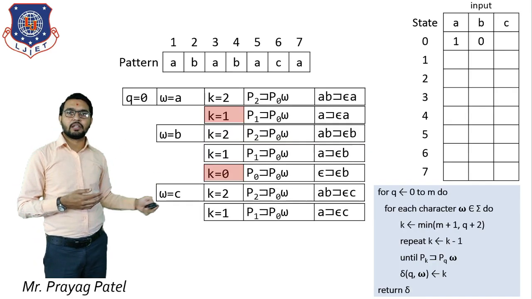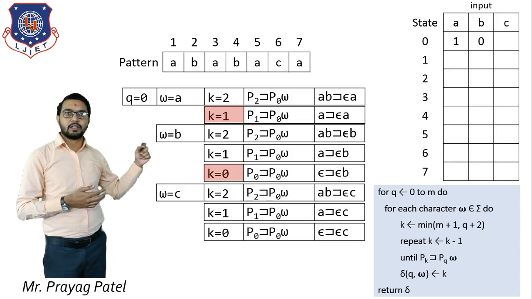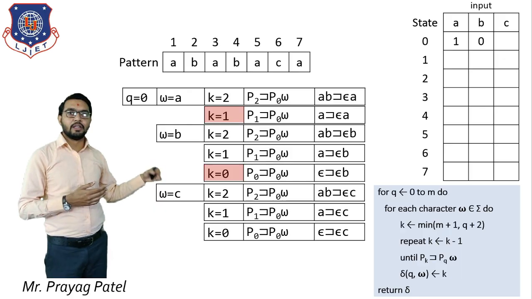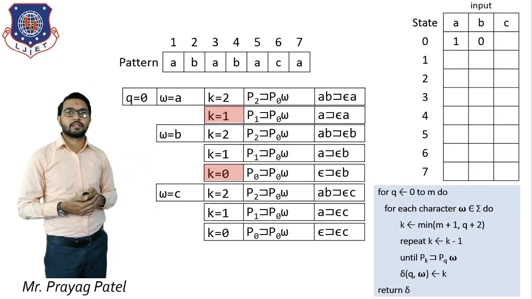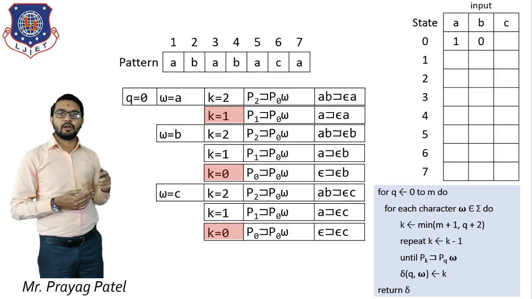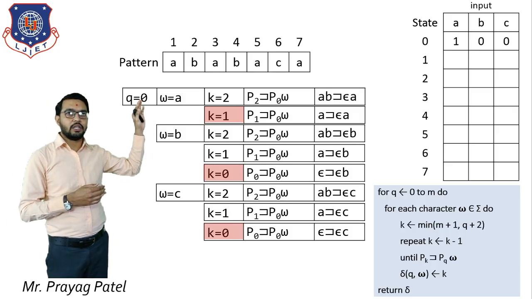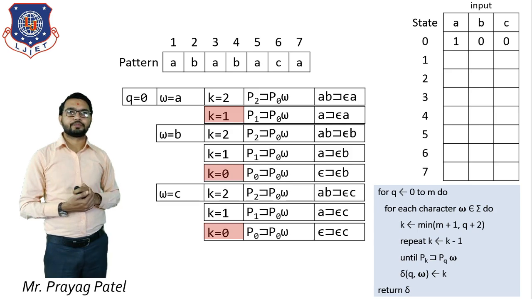No. Then consider K equal to 1. Then A is a suffix of null into C? No. Then consider K equal to 0. Then null is a suffix of null into C? Yes. So consider K equal to 0 as the final answer for W equal to C in node number 0. So consider 0C output as 0.